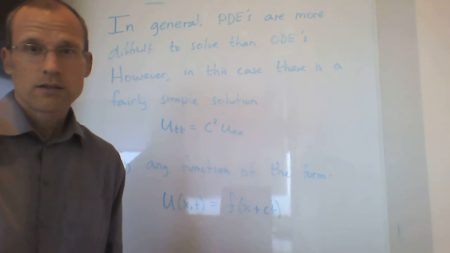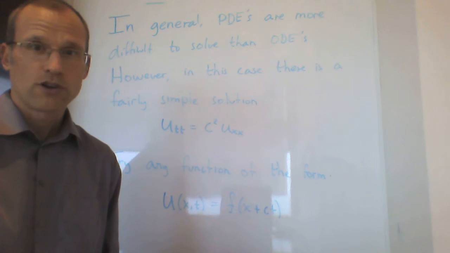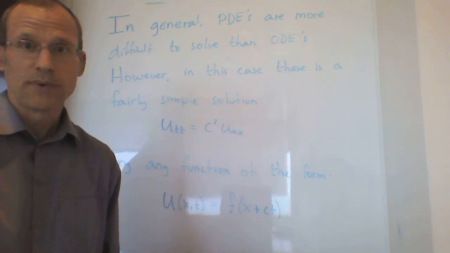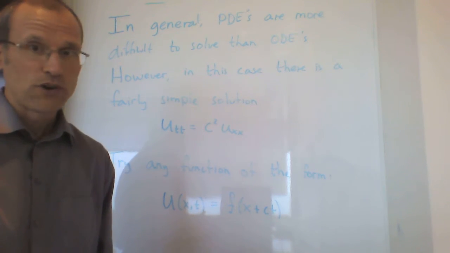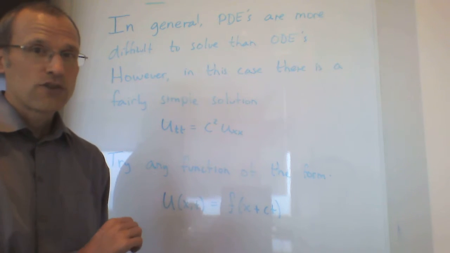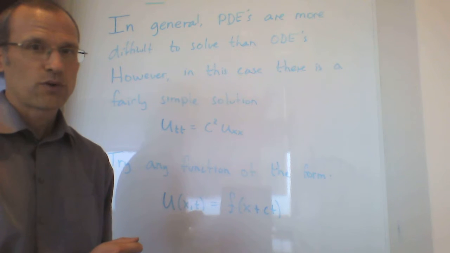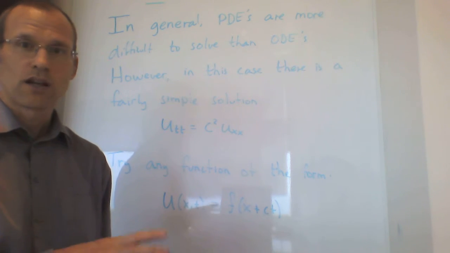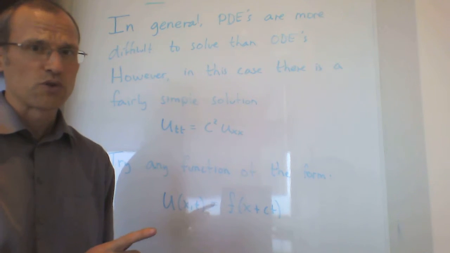As you can probably guess, partial differential equations are much harder to solve than ordinary differential equations. That's why we're doing them now instead of first. Also more variables, more complications to deal with. However, in this case, there's actually a pretty easy way to solve it, and that's what we're going to deal with this week. Next week we'll see a harder way to solve it, but probably more applicable.